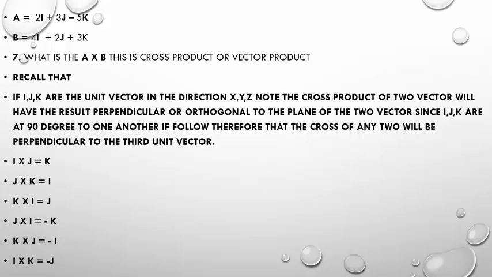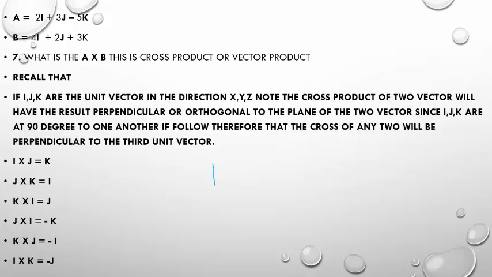We know if i, j, k are unit vectors in the direction of x, y, and z, note the cross product of two vectors, we have the result to be perpendicular or orthogonal to the plane of the two vectors. This is what we are simply saying.